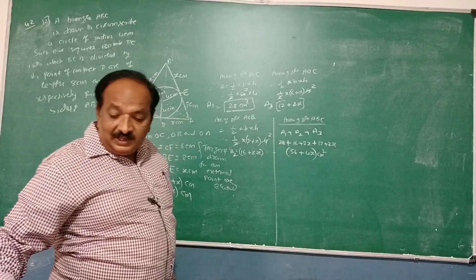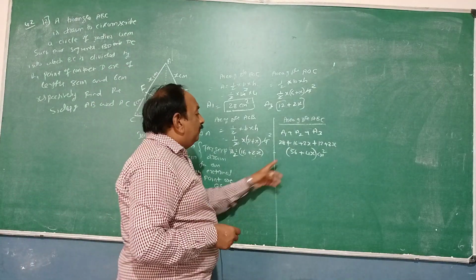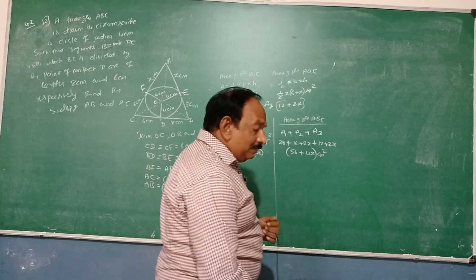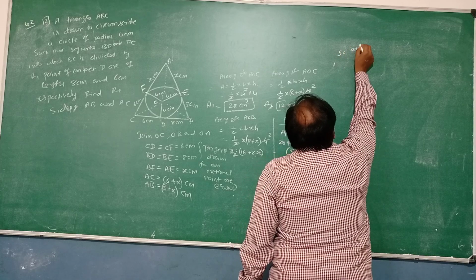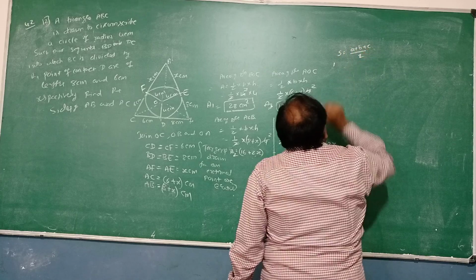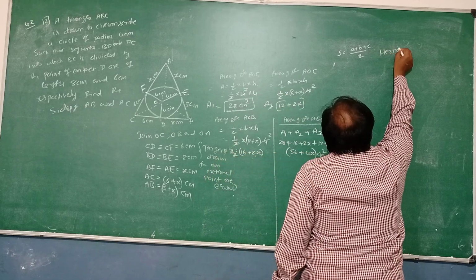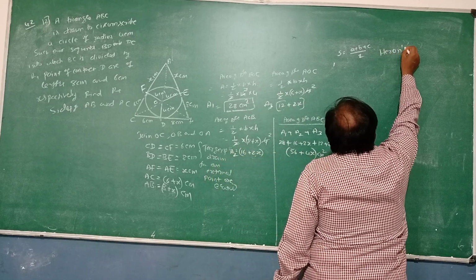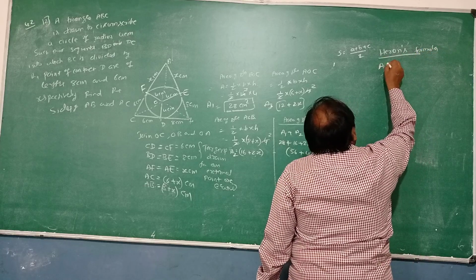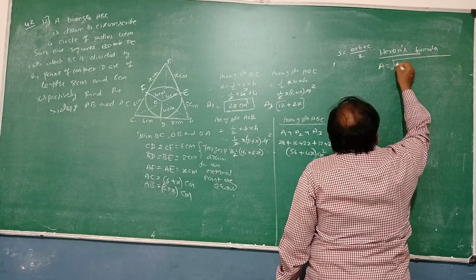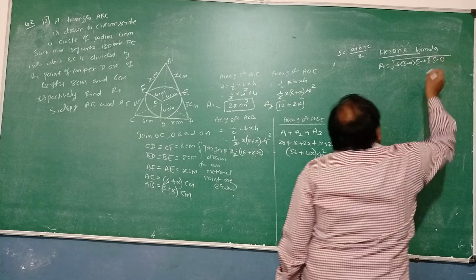So we consider the area of the triangle, that is 56 plus 4x. Then perimeter S is equal to a plus b plus c by 2. Under Heron's formula, we apply Heron's formula. We have studied Heron's formula in our 9th standard. What is Heron's formula? Area is equal to root of S into S minus a into S minus b into S minus c.